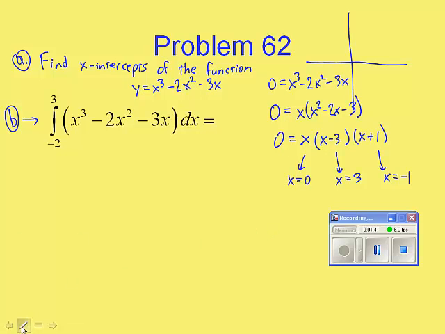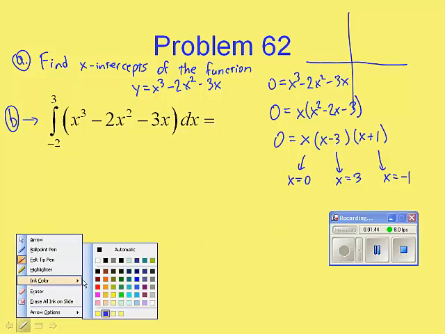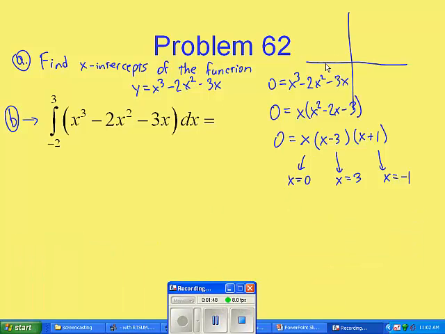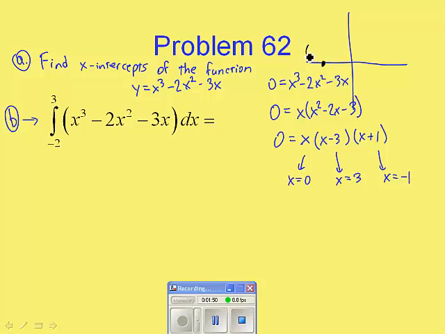So now I can actually sketch a graph of this thing. The graph of this function would look like this. It goes through -1 comma 0. It goes through 0, 0. And it goes through 3, 0. And so it goes kind of like this.